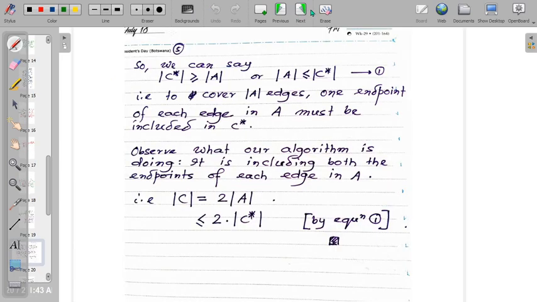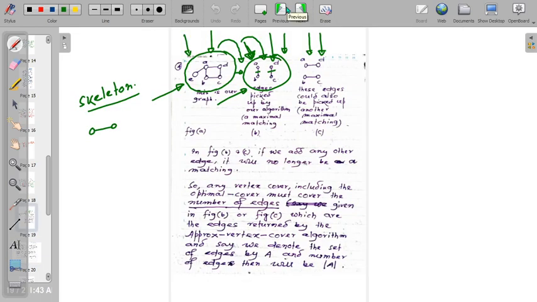And now say we denote the set of edges by A, which are returned by this approx vertex cover.